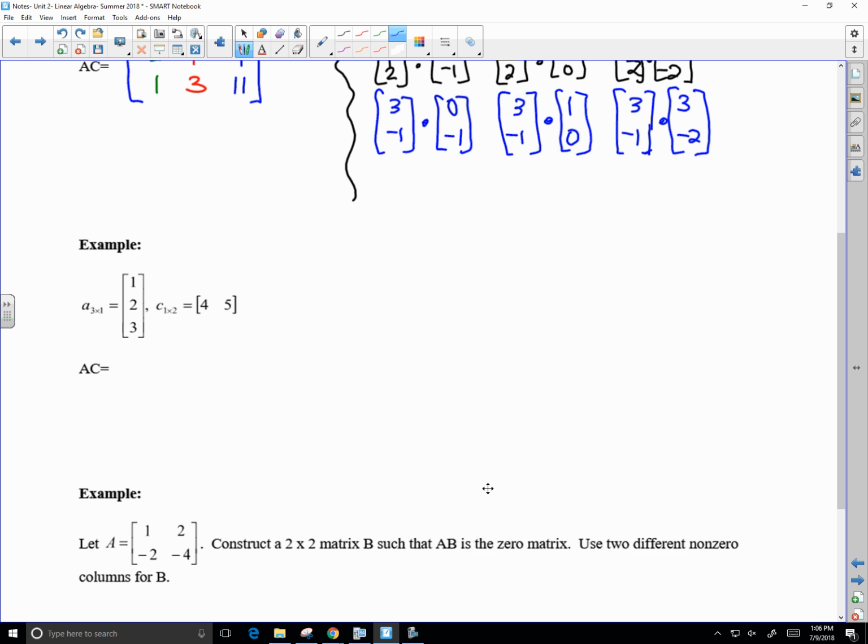And besides, we know that we're on the lookout for a 3 by 2 matrix. 3 by 2. All right. So dot product of 1 and 4, dot product of 1 and 5. 2 and 4, 2 and 5, 3 and 4, 3 and 5.